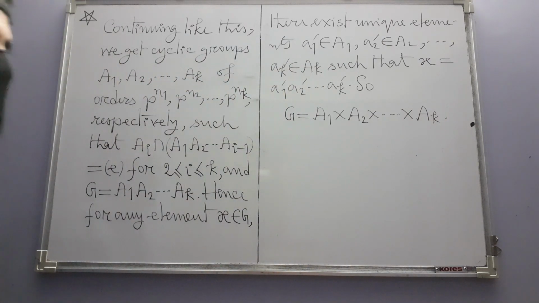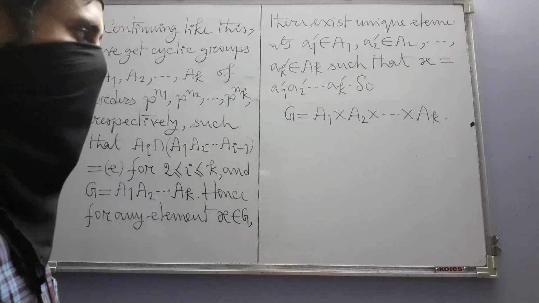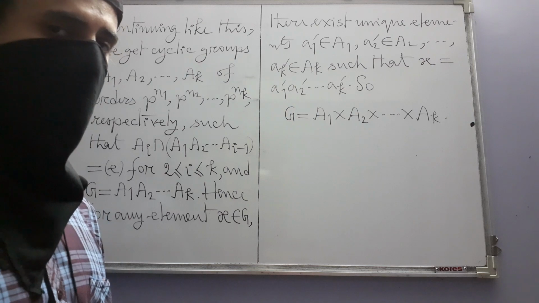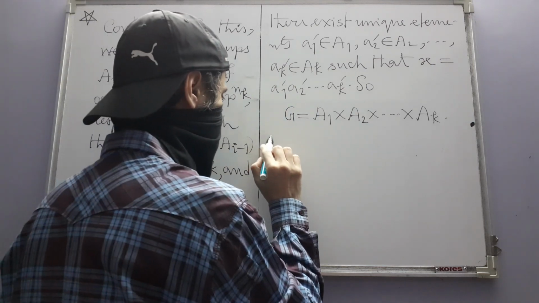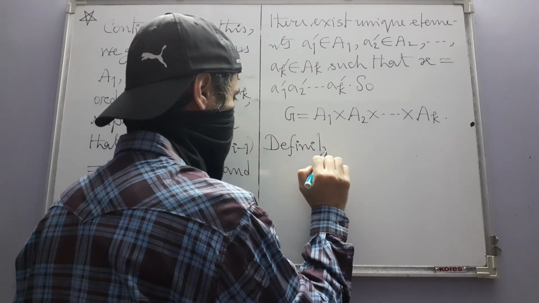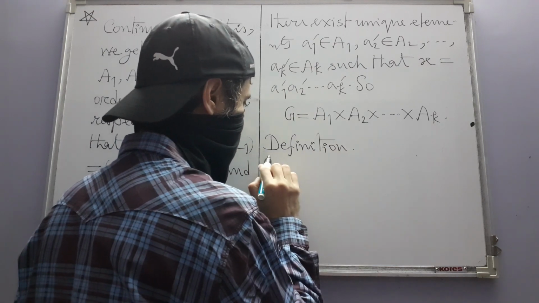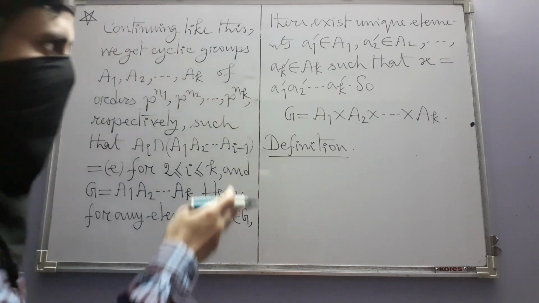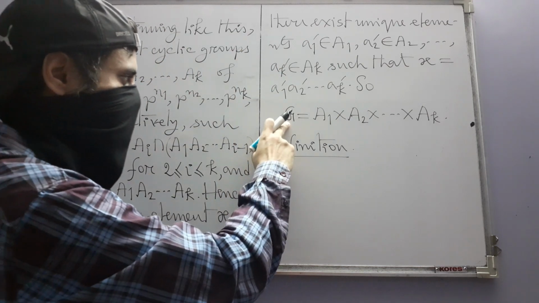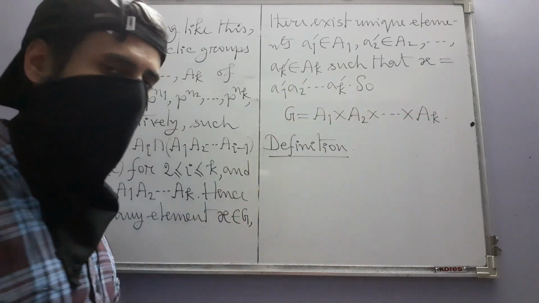Okay, now next comes a definition. Definition of invariants of a finite abelian group. This definition relies on the previous result, namely that any such finite abelian group is expressible in this way.